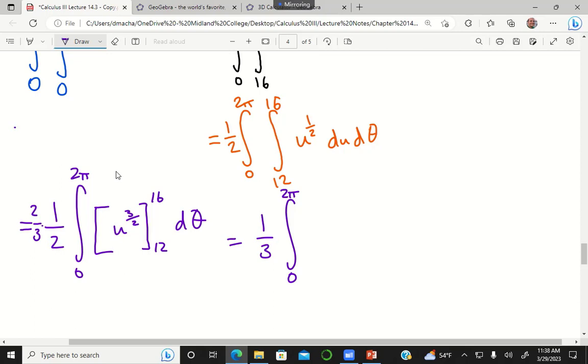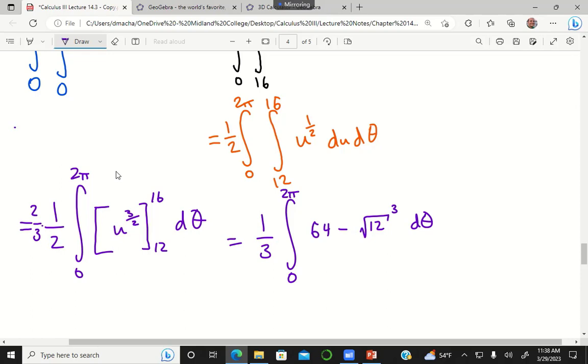It's going to be 64. Ooh, and then that gets ugly. Okay, so if I plug in the 16, then the square root of 16 is 4, and 4 cubed is 64. So that's the upper bound part. The lower bound part is the square root of 12 cubed, and that's not very nice.